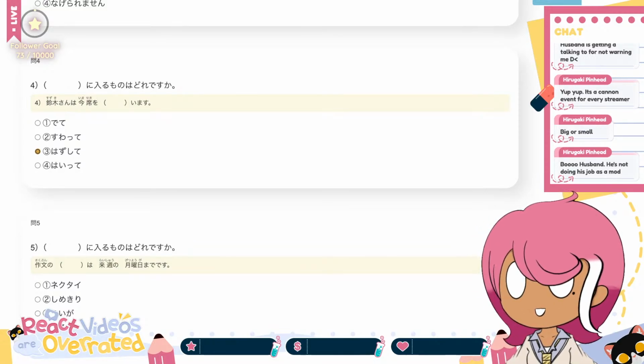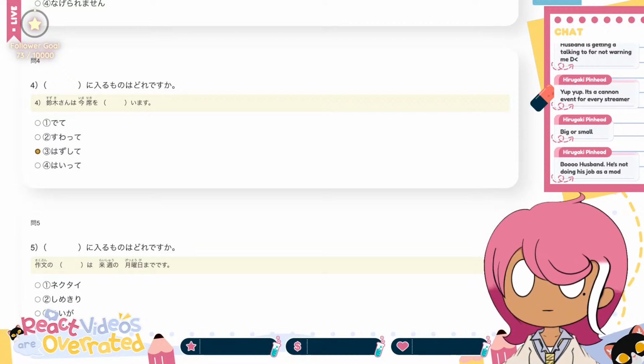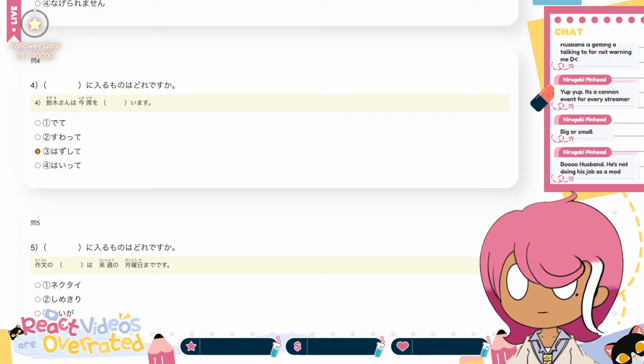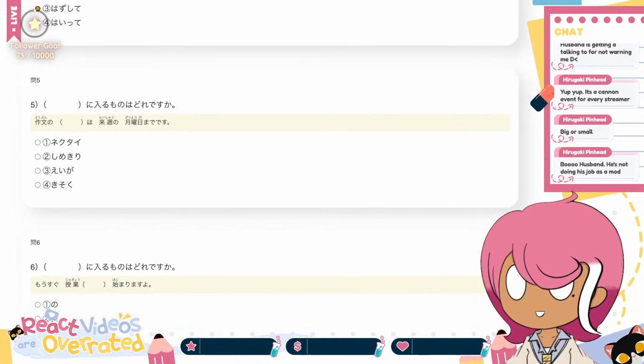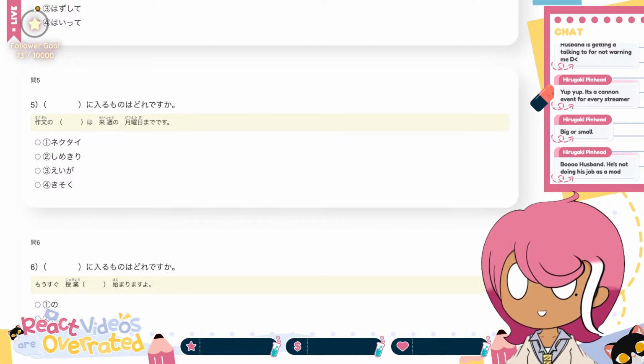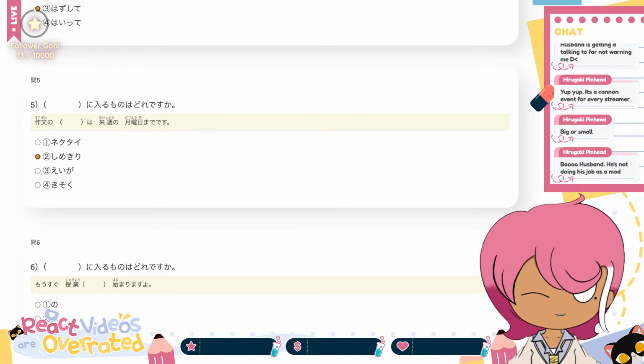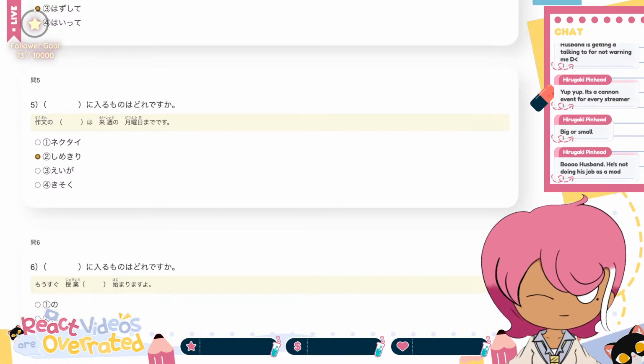So 作文の来週の月曜日までです。締め切り、映画、not 映画、規則、rules, probably that one, with order of elimination. So, 締め切り、deadline, yep.